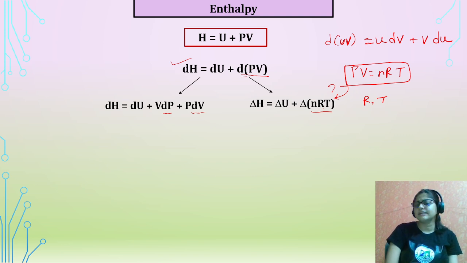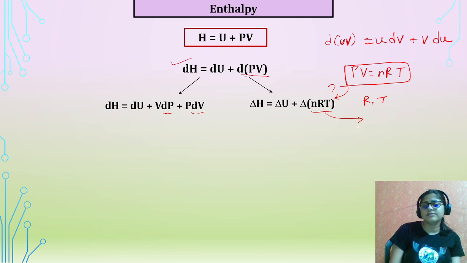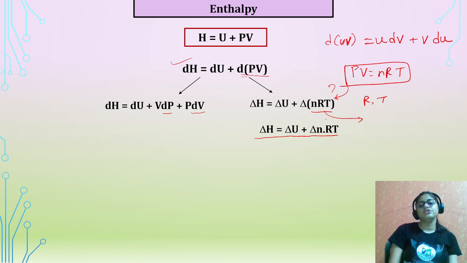We are not saying that temperature is changing, and R is obviously constant. This is the gas constant. So here this will be the equation. Delta n is the changing factor, it will only change between the reactant and product, but RT is constant.